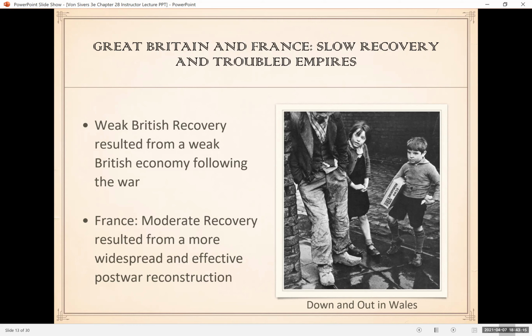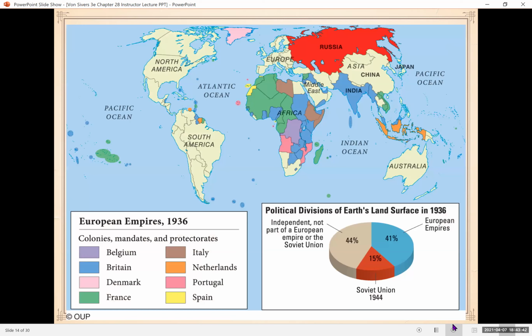And Great Britain is going to try to go back on the gold standard, which was a very bad economic move because all of a sudden there was no money to be spreading around. Everything had to be backed by gold, and so there were a lot of people who just did not have money to spend.